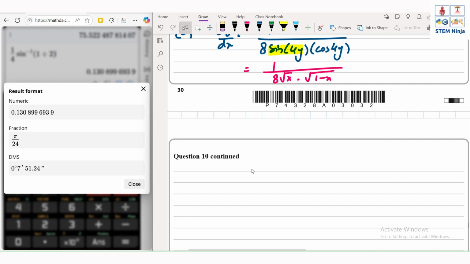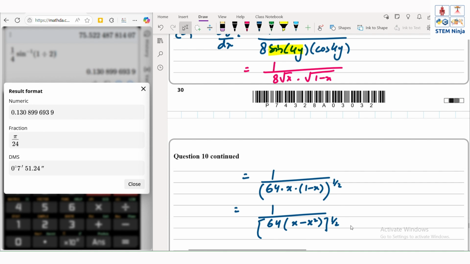So 8 inside becomes 64. 64 times x times 1 minus x raised to power 1 over 2. So this can be written as 1 over 64 x minus x squared, to the power 1 over 2.